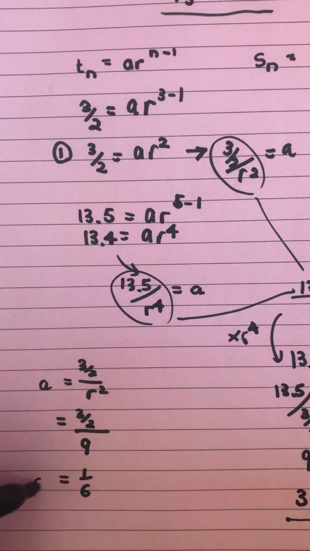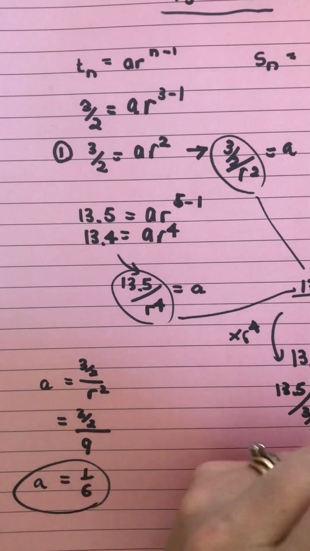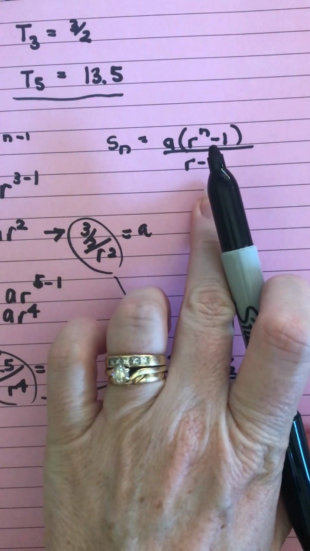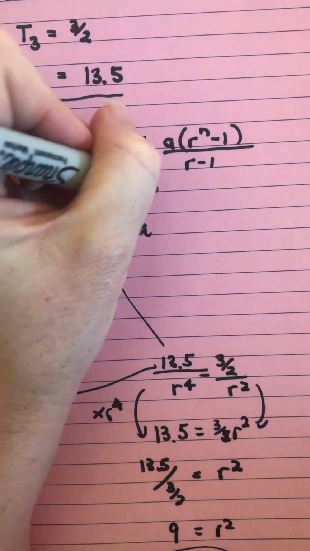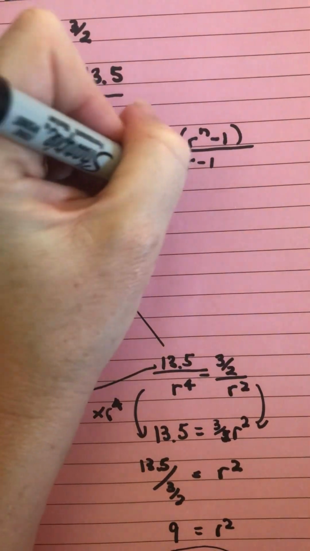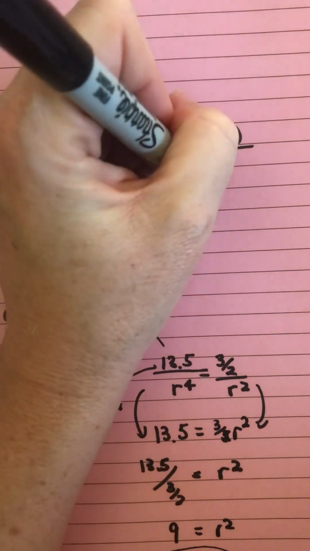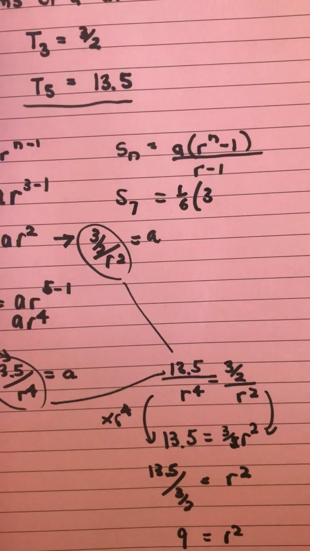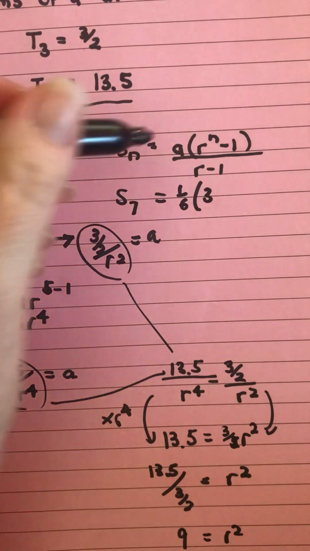Now that we've got our A and our R, we can then use that back in our sum of a GP formula. So we can bring that up here and put in our A is 1/6 outside of 3 to the power of n. Now we want S of 7 because they want the sum of the first 7 terms.